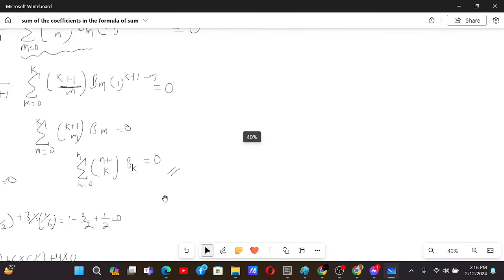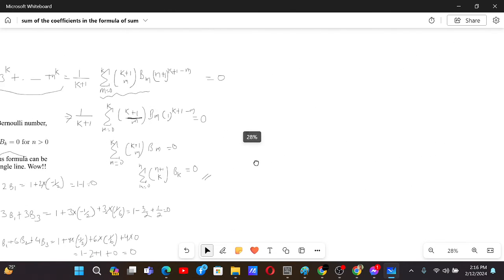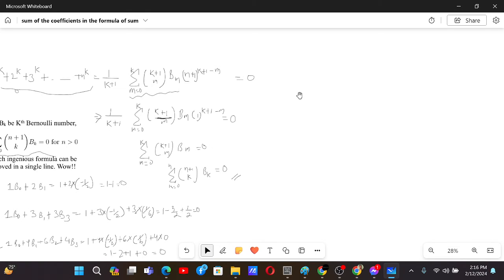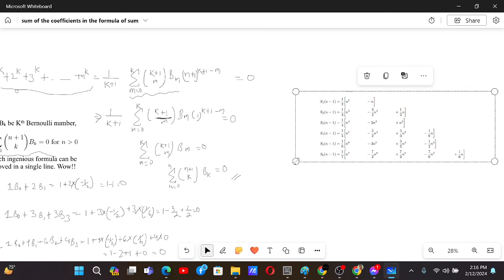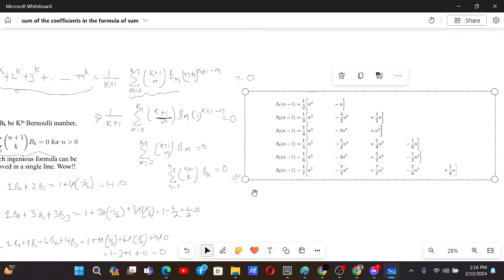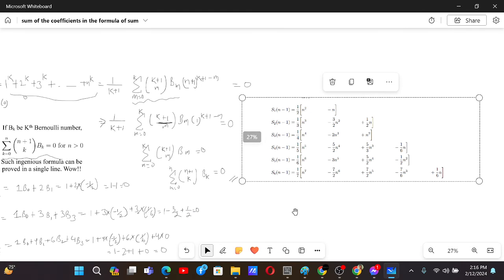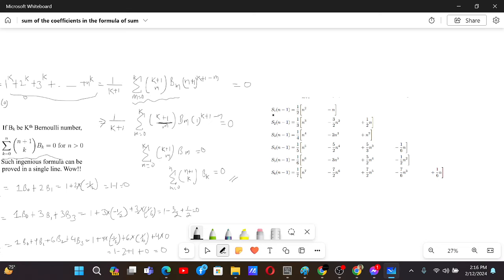Now let us see quite a good implication of this formula. Over here, what I have is the sum up to the n minus 1th term.